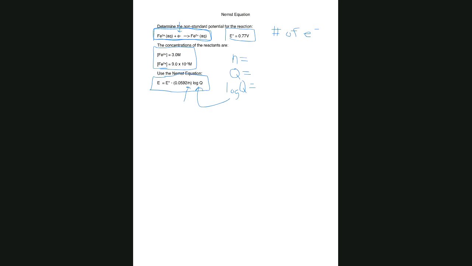Now I'm going to ask somebody for what they think Q is. Lily, what do you think Q is? It's 3 times 10 to the negative fifth because you do the 9.0 times 10 to the negative fifth over 3.